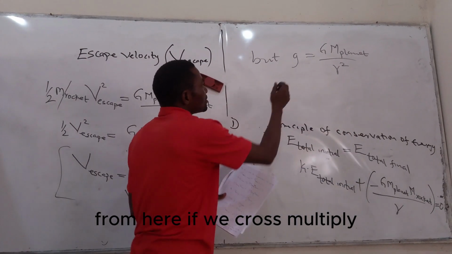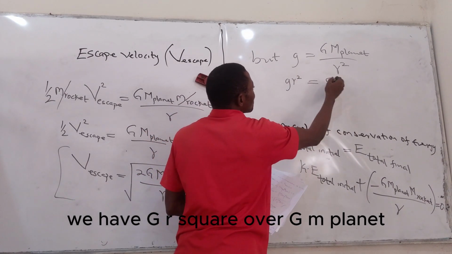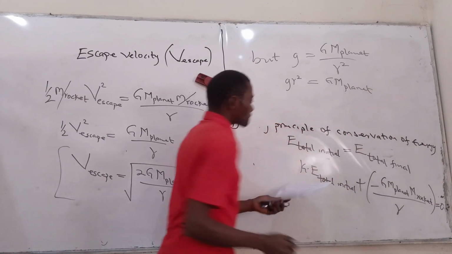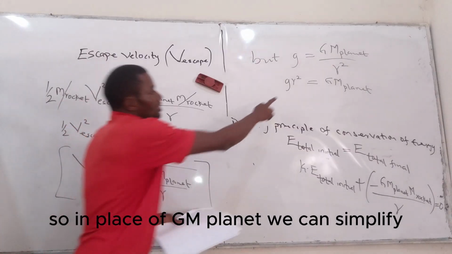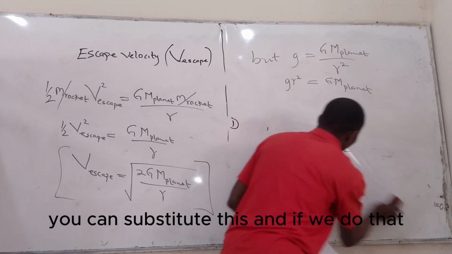From here, if we cross multiply, we have g R squared equals G mass of planet. So in place of G mass of planet, we can substitute this.